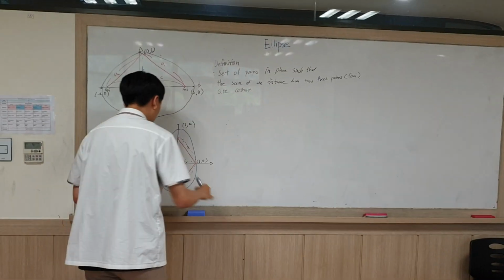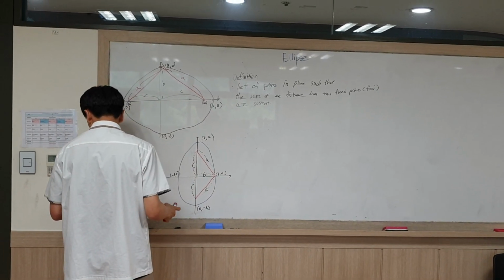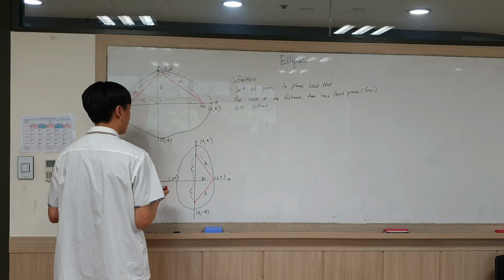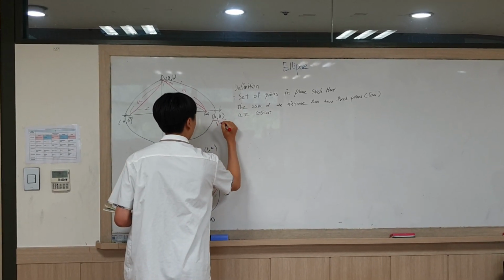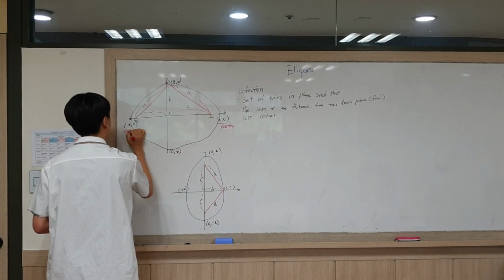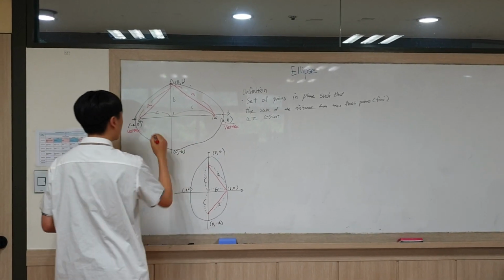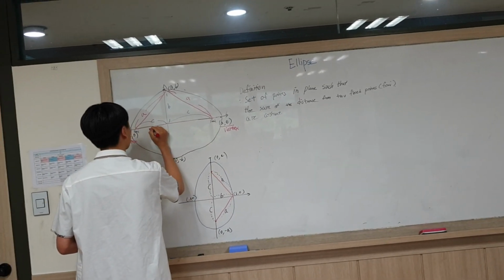Okay. So now there are many terms to know in here. So this is called the vertex, and the vertex is both vertex, and this line is called the major axis.